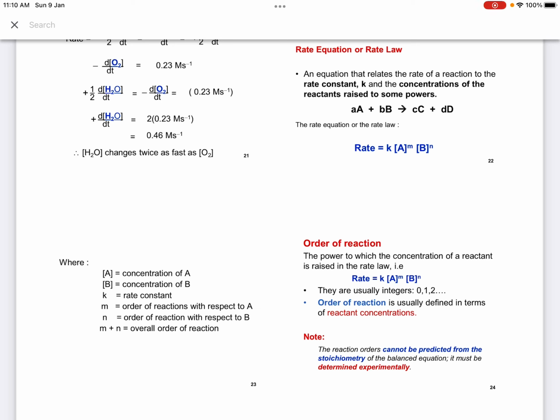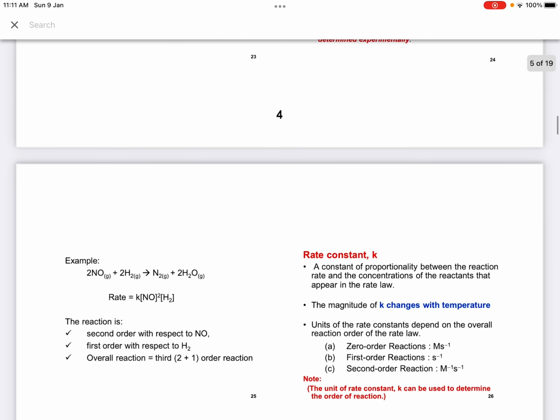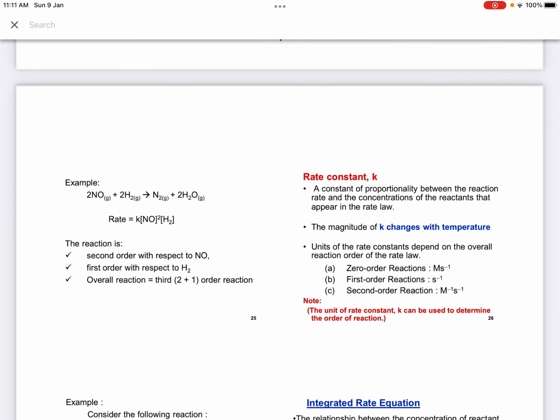It must be determined experimentally. So take note, the order is not taken from the chemical equation, it is determined experimentally. Okay, cannot take it from the stoichiometry. For example, the reaction is second order with respect to NO, first order with respect to H2.